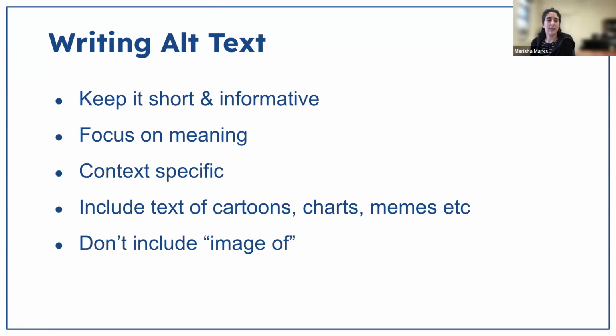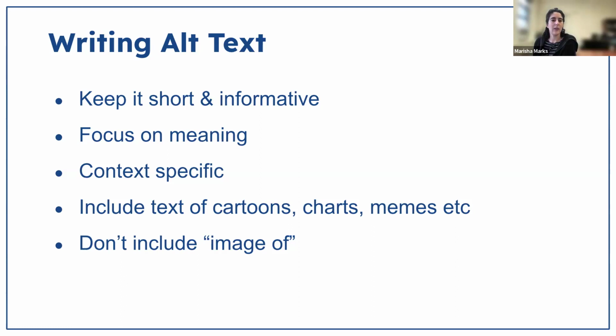And the alternative text is going to be context specific. So if you have an image of fireworks because you want to wish people a happy 4th of July, that may be different alternative text than if you have the same image of fireworks, but maybe you're talking about a pyrotechnics display, or the chemistry of fireworks. So think about who's viewing your image, who's viewing your flyer, and what do you want them to know about that image?